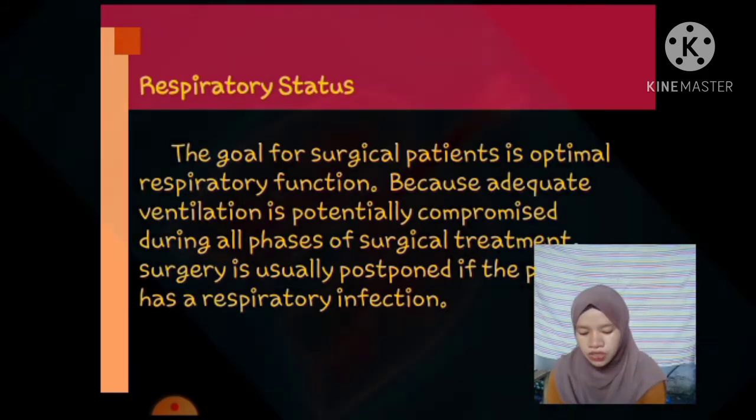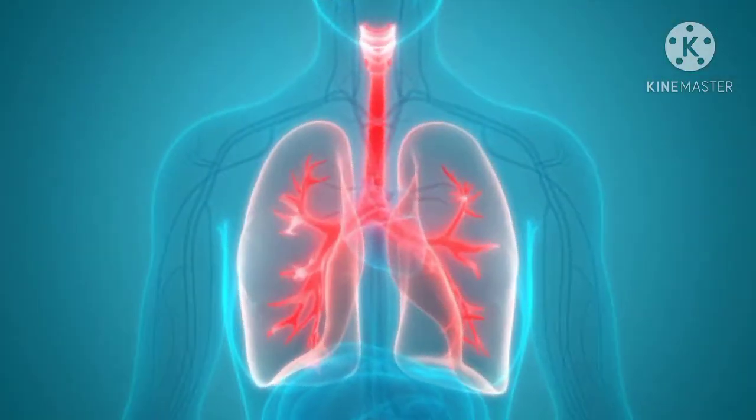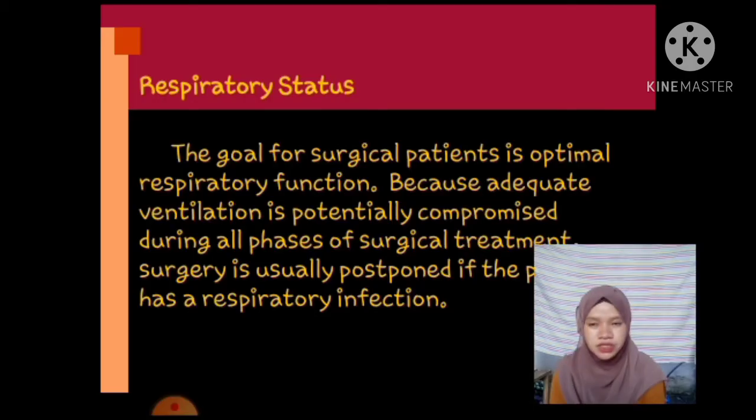So in this situation, if the patient has a respiratory infection or, for example, asthma or pulmonary disease, the surgery is usually postponed. Pulmonary disease is a type of disease that affects the lungs and other parts of the respiratory system.